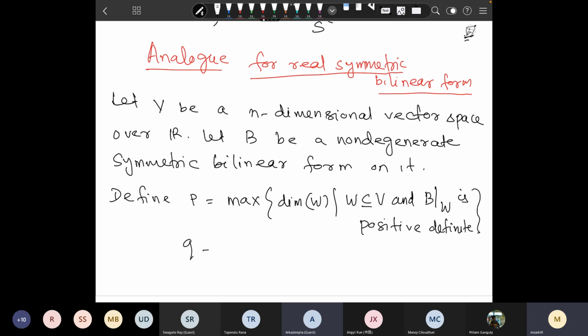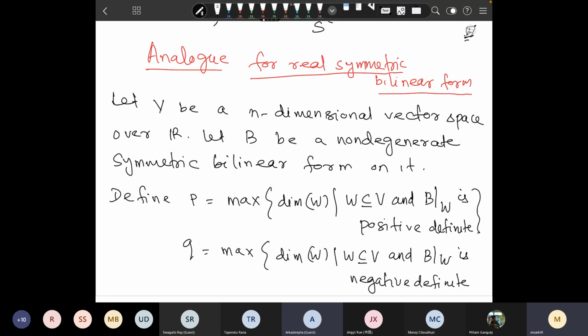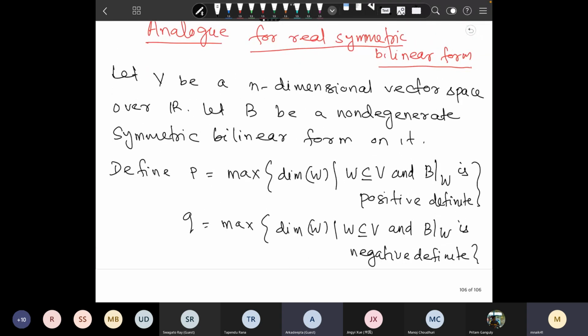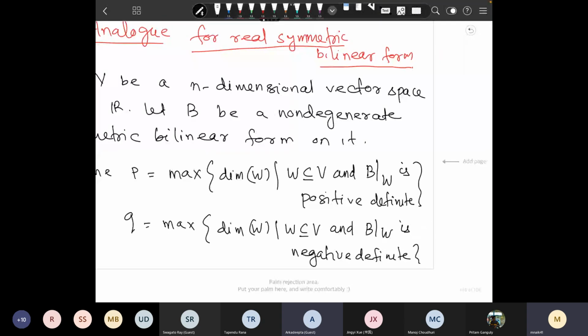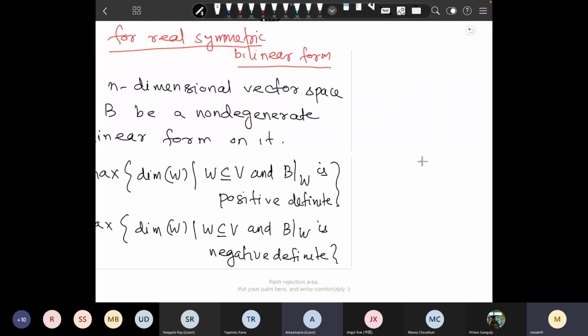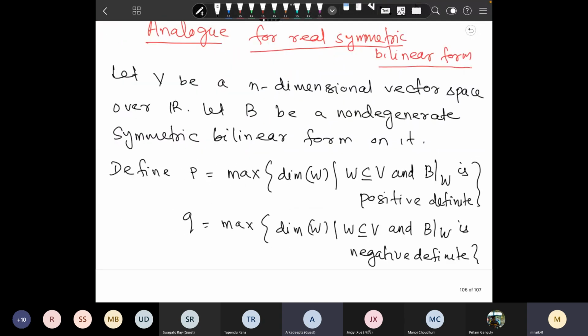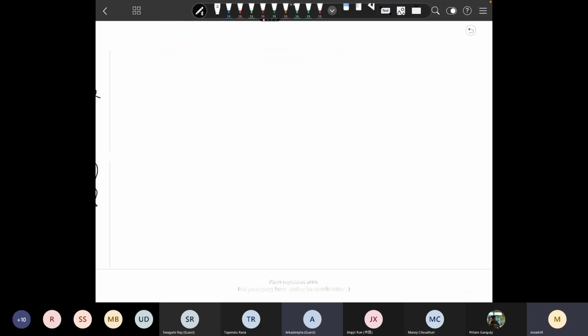Now Q is equal to the maximum of the dimension of W, W a subset of V, such that B restricted to W is negative definite.